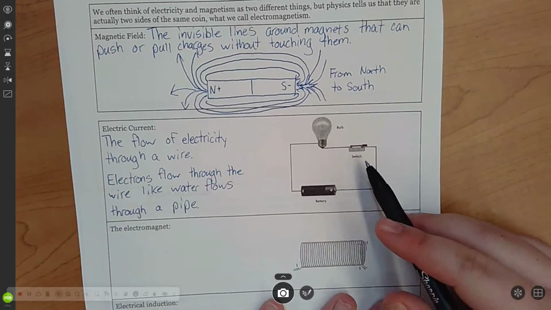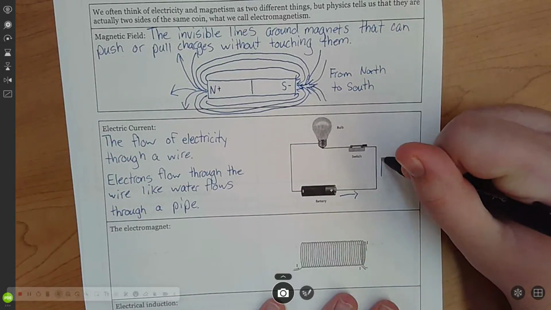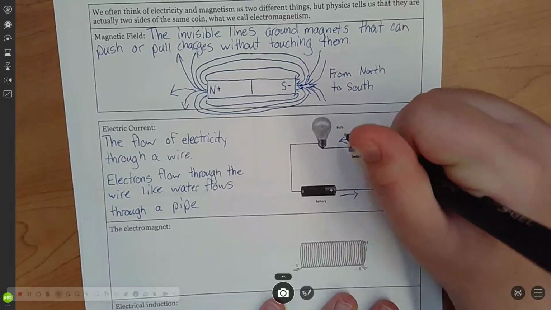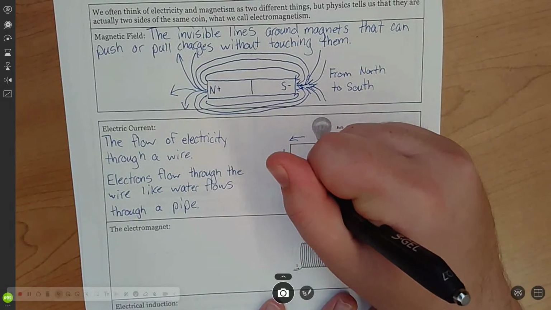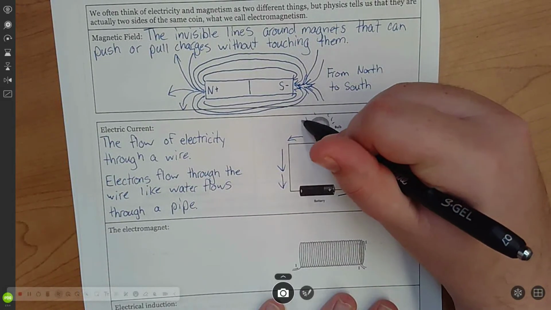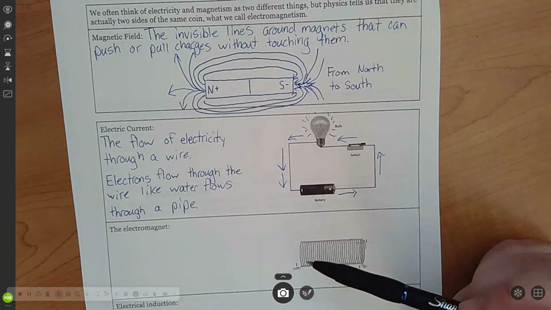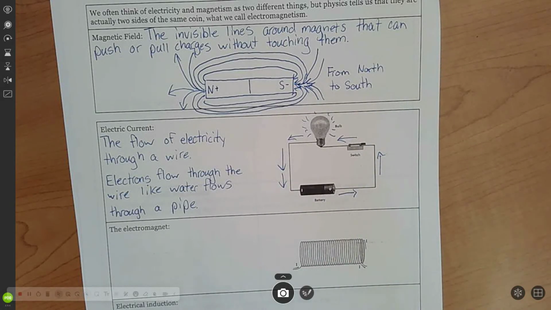And so when you flip this switch, the electrons are going to start traveling around the wire, and as they go through the light bulb, they will transfer their energy, and that's going to turn on our light. Okay. So we need to know about electric current to be able to know what to do in the next part here.